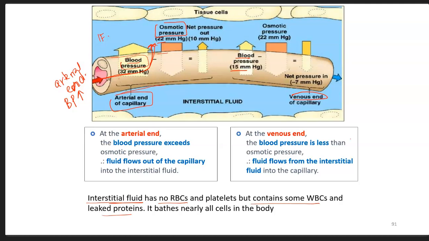But at the venous end, because the blood pressure has dropped, down to 15 millimeter mercury, the fluid in the extracellular fluid can enter back into the blood capillaries, joining the blood circulation. But this is not enough to make sure that there is no accumulation of excessive fluid in the interstitial fluid.